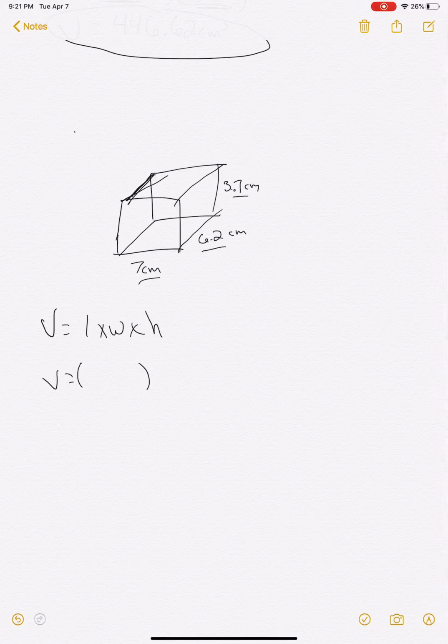Just trying to figure this out. Our length would be our 7 centimeters, having some technical issues here. Our width would be our 6.2 centimeters, and our height would be our 3.7 centimeters. So what we're going to do is multiply these.